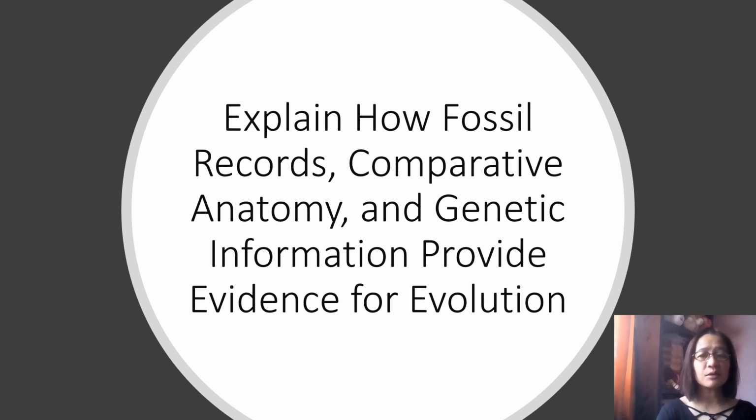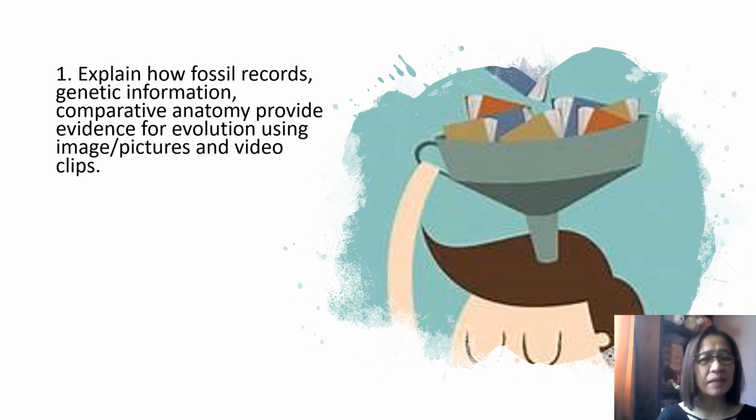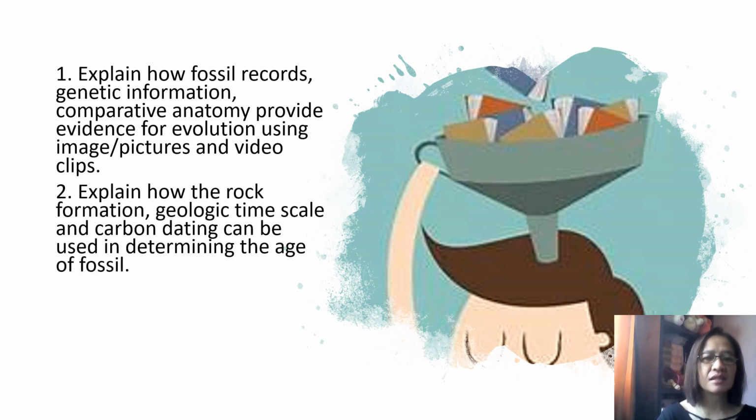Explain how fossil records, comparative anatomy, and genetic information provide evidence for evolution. Paano natin lahat ito malalaman? So we need to explain how fossil records, genetic information, and comparative anatomy provide evidence for evolution using images, pictures, and video clips.